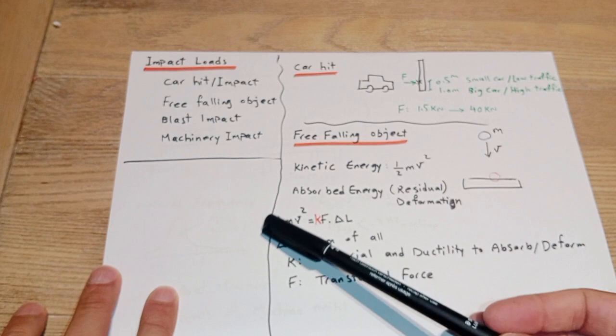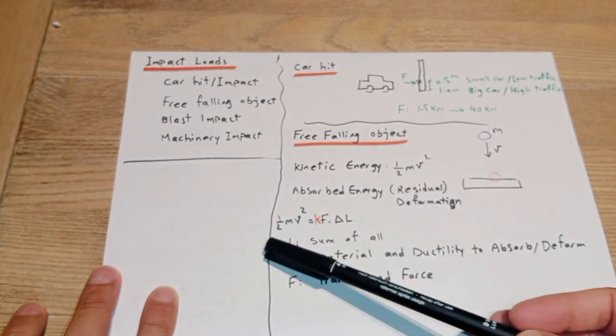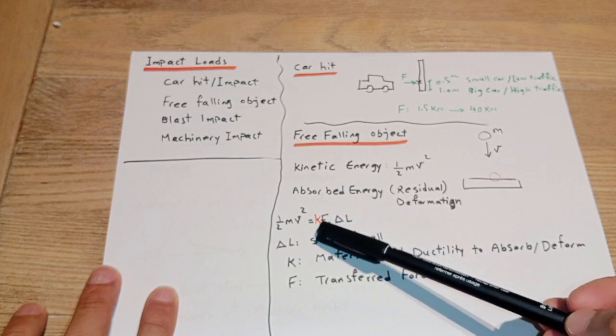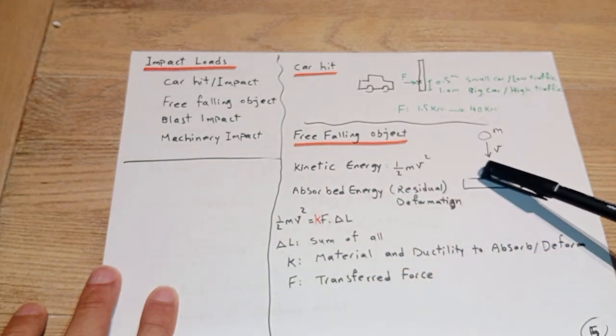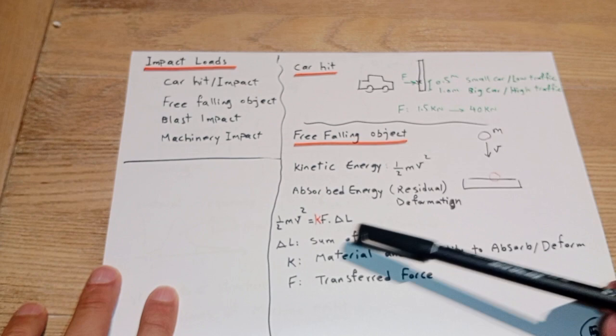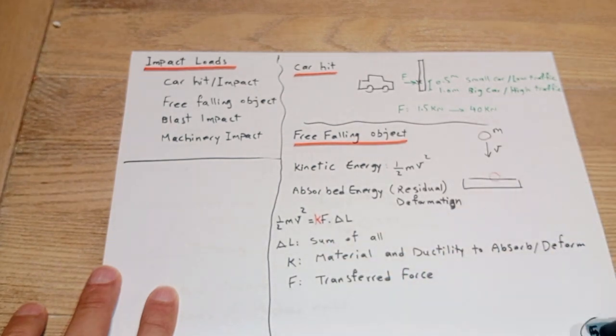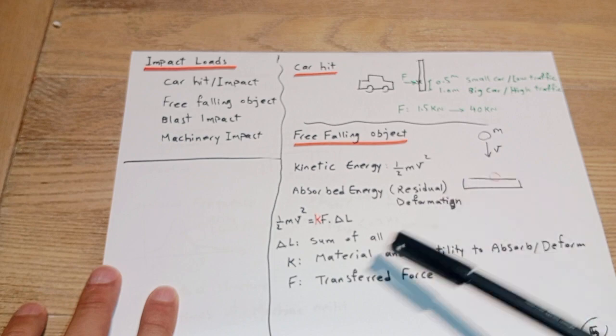And this is just a general, very simplified method. 1 over 2 mv squared will be K F delta L. F is the applied load on this contact point, and delta L will be the deformation, in millimeter mainly, or even less.